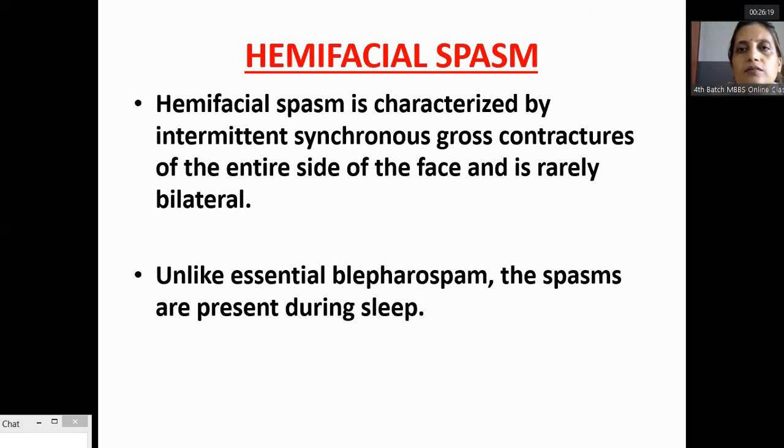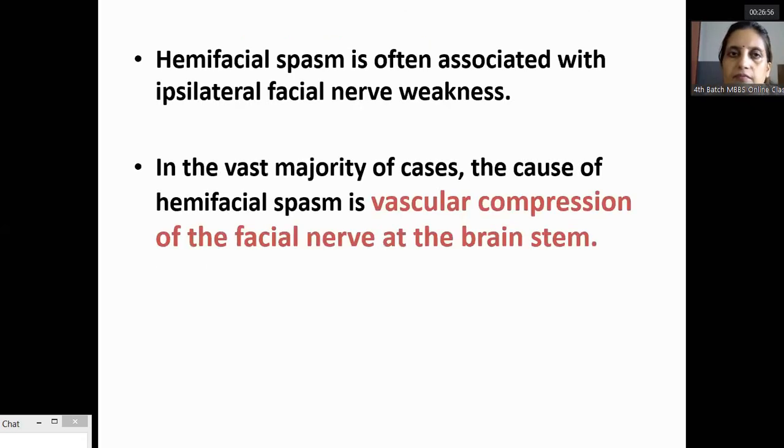The other type of spasm is hemifacial spasm. Hemifacial spasm is characterized by intermittent, synchronous, gross contractions of the entire side of the face, and it is rarely bilateral. In some patients you can see chronic contraction of half of the face. Unlike essential blepharospasm, the spasms are present during sleep.